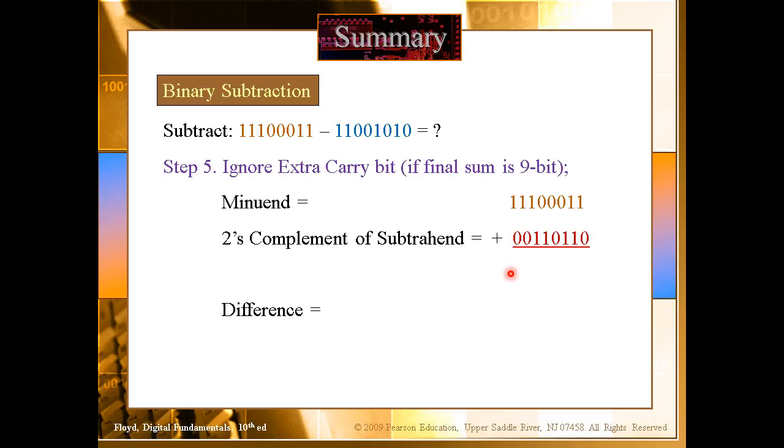Now, step 5: if you have a carry at the very end, you ignore the carry. See, I ignored it here. I crossed that 1. This step is sort of optional, because if you don't have a carry at the end, you don't need this step. If you have a carry at the very, very end, on the left side, then you have to ignore that 1.